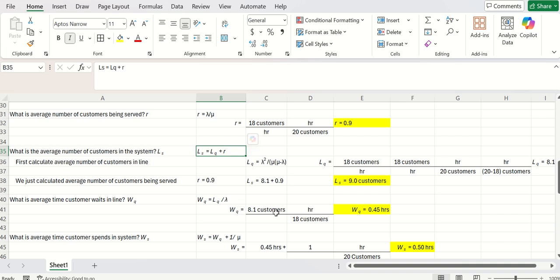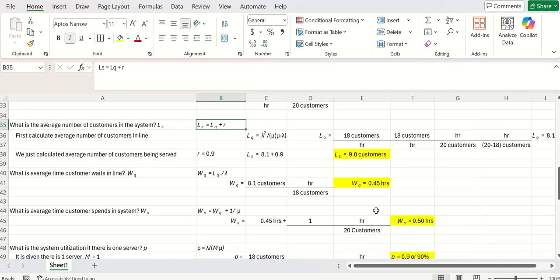We know lambda from before. So 8.1 customers divided by 18 customers per hour. Customers cancel out. 8.1 divided by 18 equals 0.45 hours. Again, this is the average amount of time that we could expect a customer to be waiting in line before they get up to the service counter.